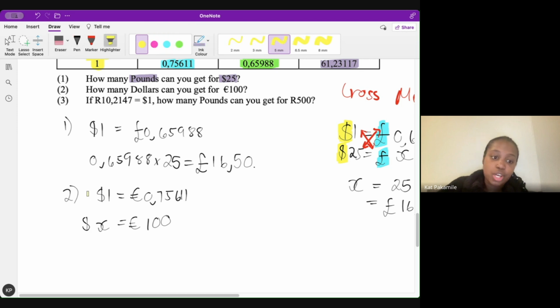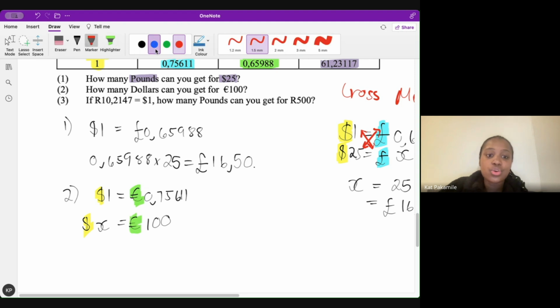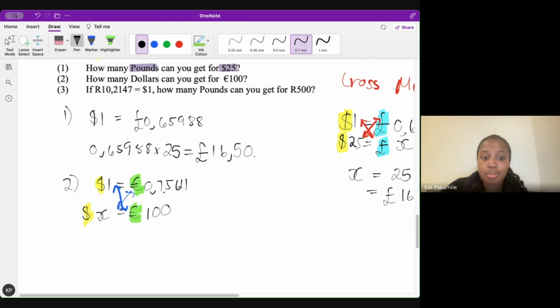So again, you check. Do I have the same unit? Yes, I do. Do I have the same unit? Yes, I do. And then you cross multiply. So you're going to have X times 0.75611. So that's just going to be 0.75611X is equal to 1 times 100.